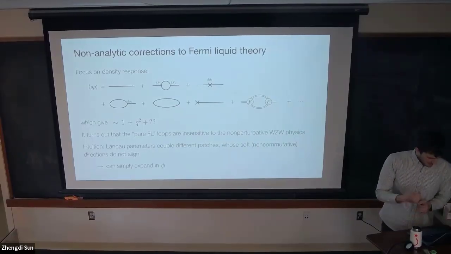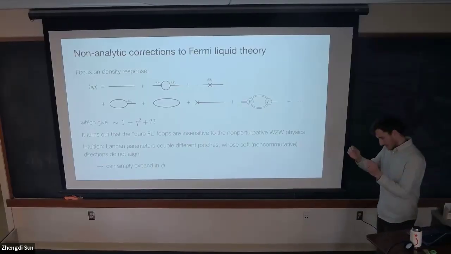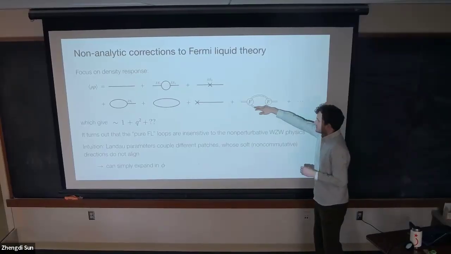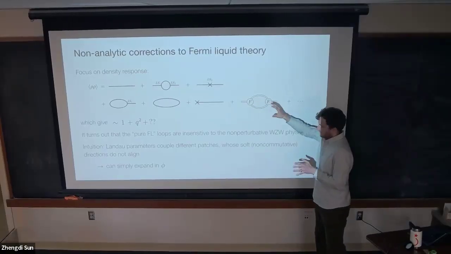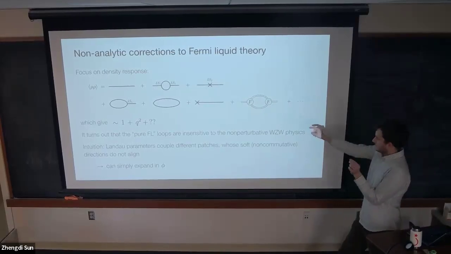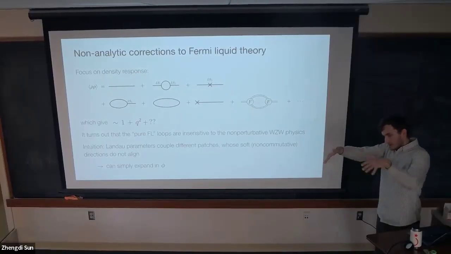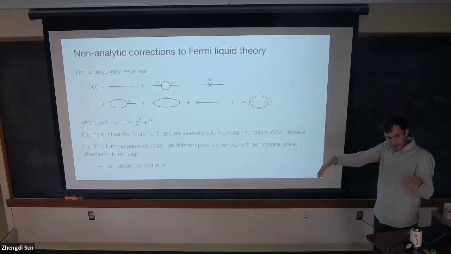And it turns out that these diagrams are actually even simpler to compute than the free fermion ones we had over here, because essentially the non-perturbative WZW model physics is unimportant for these diagrams. I think the intuition for it is that these Landau interactions are coupling 2 different patches of the Fermi surface. And the non-commutative directions of these 2 patches are not aligned.